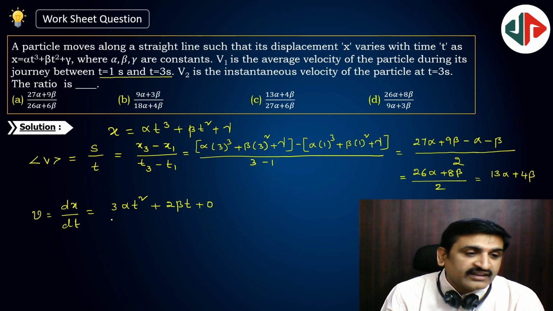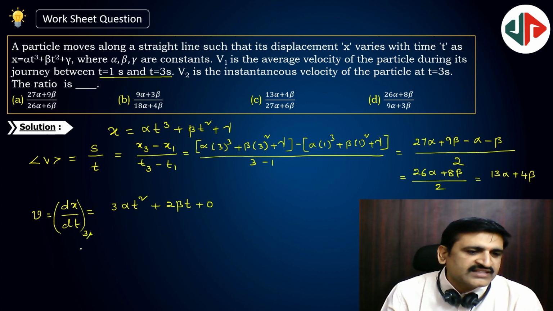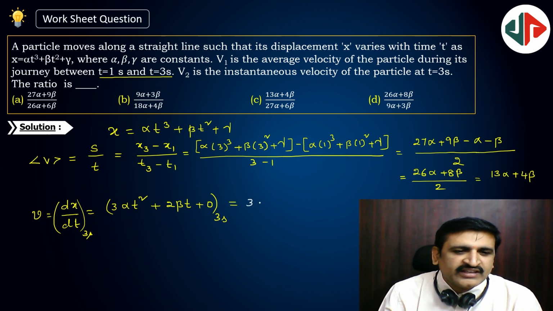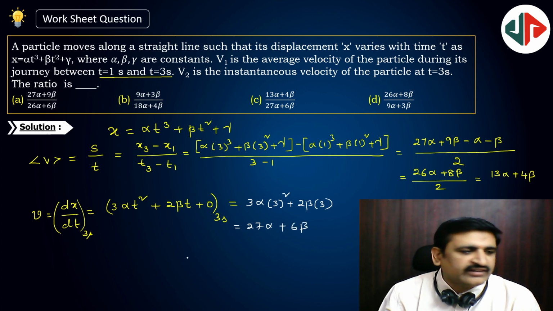At a time of 3 seconds, you need to put 3 here. So 3α into 3 square plus 2β into 3, which is 27α plus 6β.